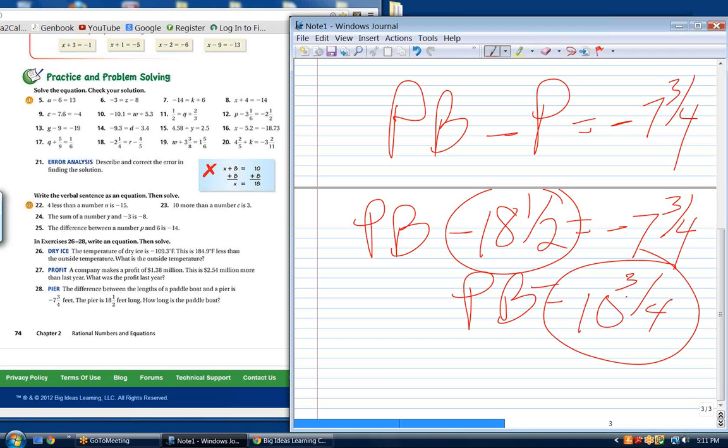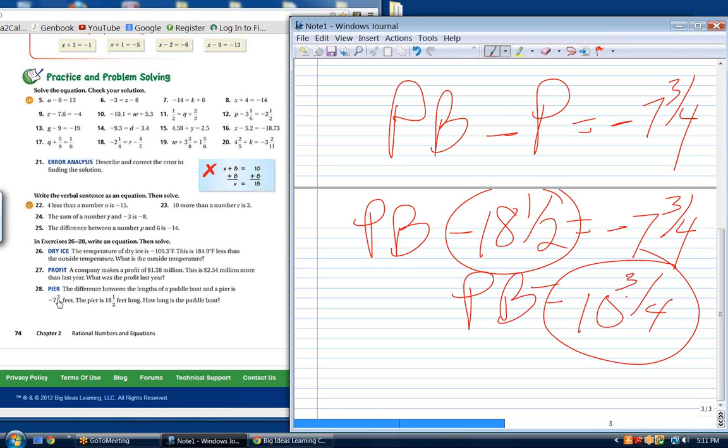So that makes sense. But based strictly on their wording, we really don't know if the paddle boat's bigger or smaller than the pier. So theoretically, the paddle boat could be 25 or 26 feet long, and it would still be a difference of 7 3/4 feet from the pier.